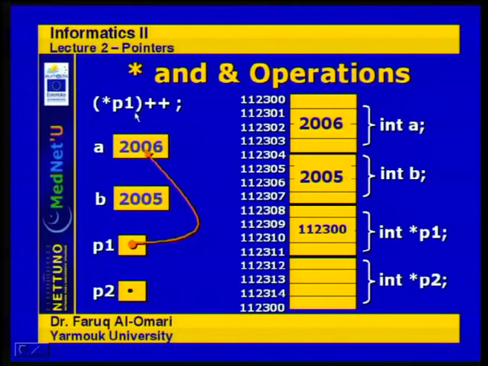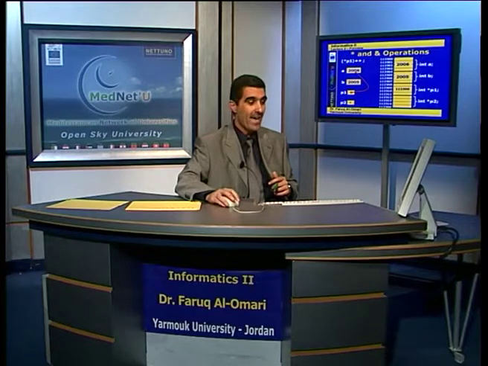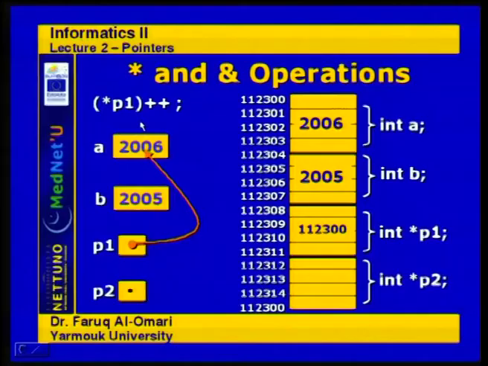And the parentheses here are very important. Don't forget them because of the precedence issue, and you have covered this in the Informatics 1 course in the basics of the C language. All right? So I have to put parentheses around the star P1 thing to make sure that what I'm doing is incrementing the data inside this location rather than incrementing this variable and messing up the memory, as a matter of fact.